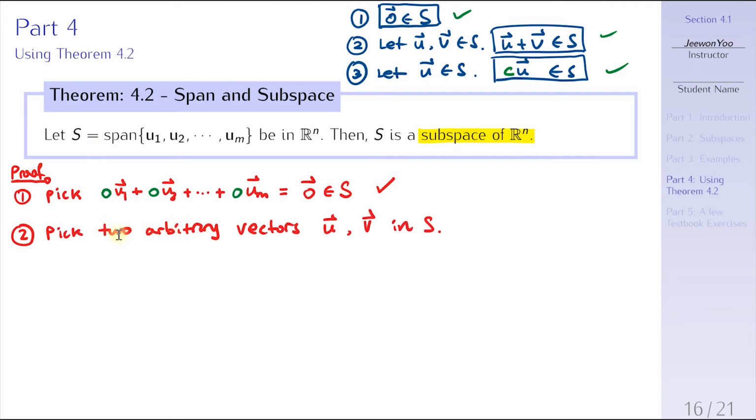So the first sentence here says pick two arbitrary vectors u and v in the family S. Then u looks like c1u1 up to cmum, and v looks like d1u1 plus up to dmum. So it looks like this.